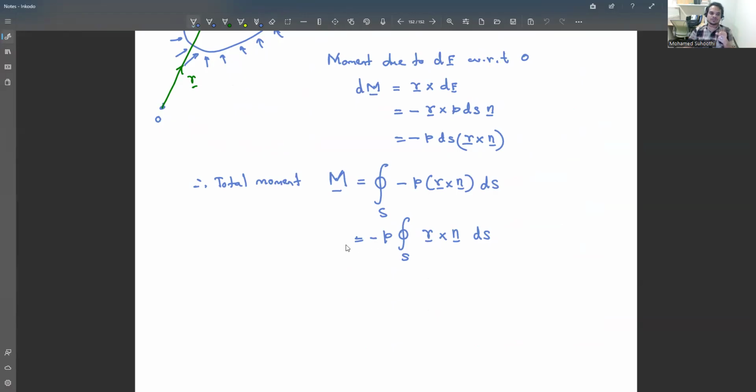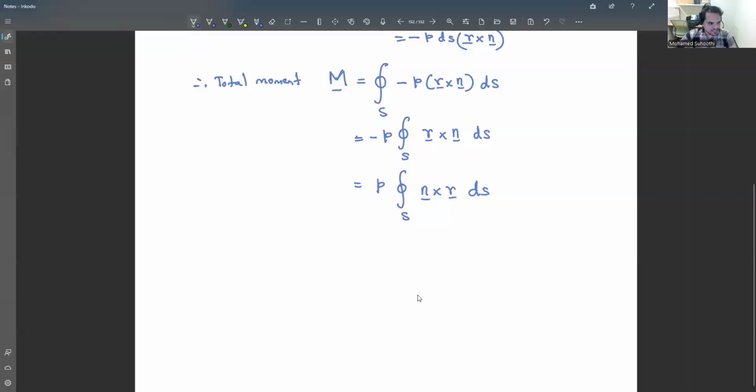If I switch them, the sign changes because it is a cross product, so I can eliminate the minus sign and write the surface integral of n cross R ds.